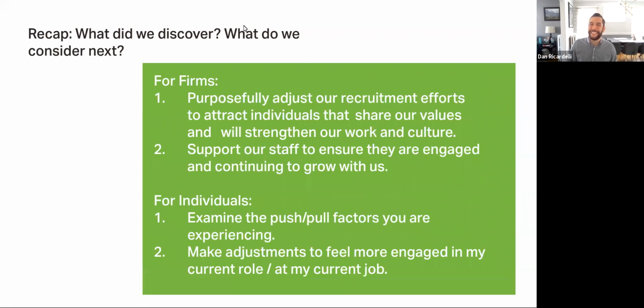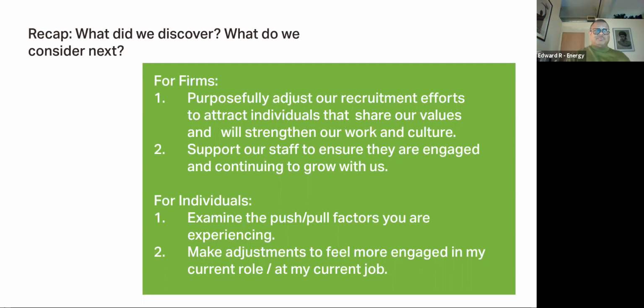Okay. Sometimes we have to look at what we discovered and what we will do next. For the firms, what adjustments do you think, based on these conversations, you will make that will strengthen your work culture and attract other individuals to your offices? And what can you do to support your staff to ensure they're always growing and they feel engaged?